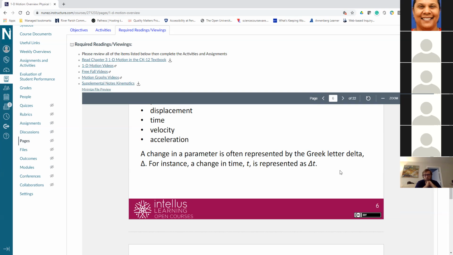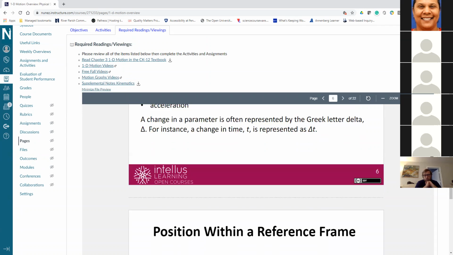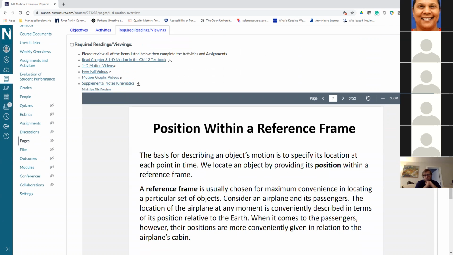Okay. So the notation is involved, right? I mean, we all have to make sure that we're communicating and speaking the same language when we describe our moving object. So we've got to understand common terminology, and delta is one of those symbols that we utilize to help us explain the motion of our object. Another very important property is the position, right?